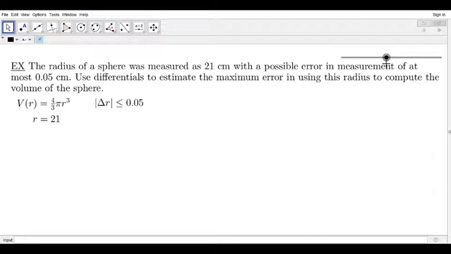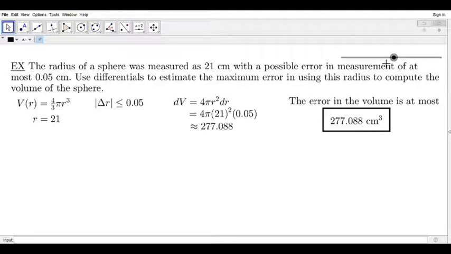The resulting error in the volume is delta V. Let's approximate this delta V using dV, the differential of V. By definition, it's the derivative of V, which is 4 pi r squared, multiplied by dr. Replace r by 21 and dr by the magnitude 0.05.